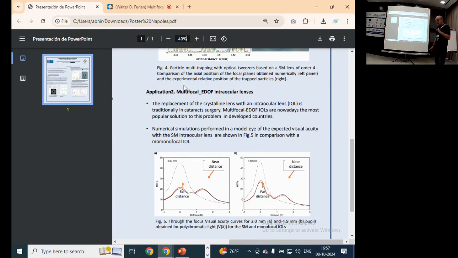When we have very big pupils, for example, with very low levels of light intensity, the foci are much better defined, but when the pupil is small, at 3 millimeters, which is normally the pupil that we have with a good amount of light, daylight, for example, the transition between the two foci is much smoother than when the pupil is large.